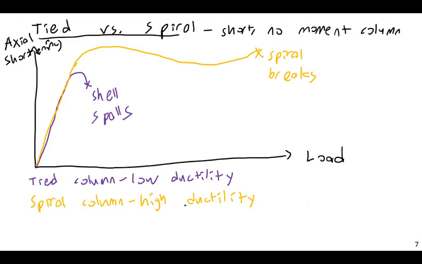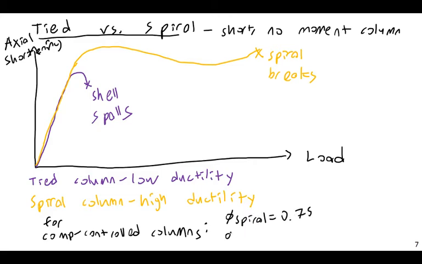At least for compression controlled columns, in other words, where just the compressive capacity controls, not moment, the phi for spirals is going to be 0.75, while the phi, the resistance factor, for tied columns is going to be 0.65.